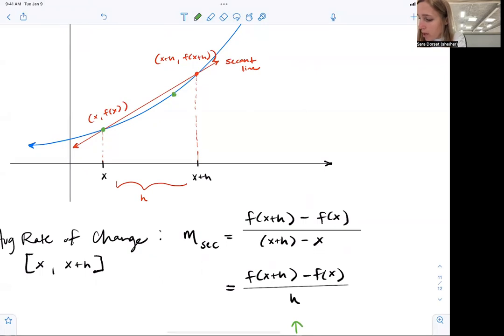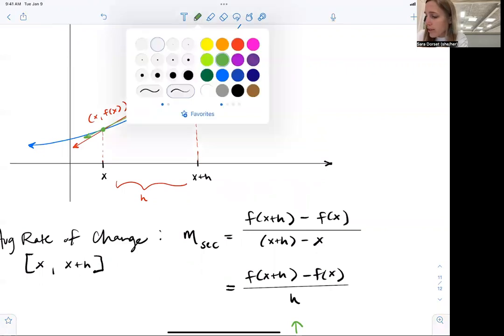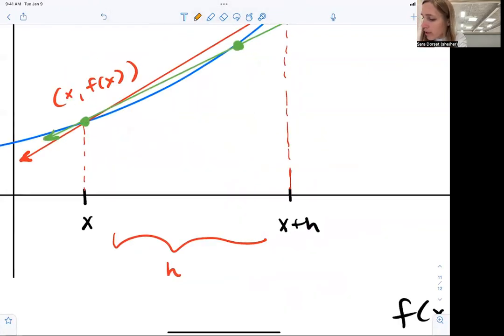Like if you drew a secant line, let's say from there to there, right? That would be a more accurate representation of the rate of change at x comma f of x than our original secant line, right? Our original slope. Or if we chose, here, I'll use a different color, a point even closer.